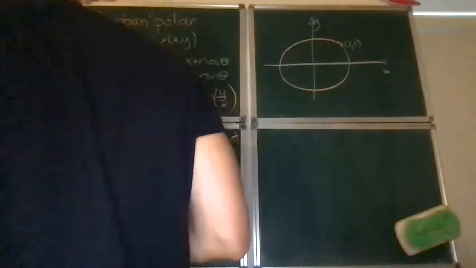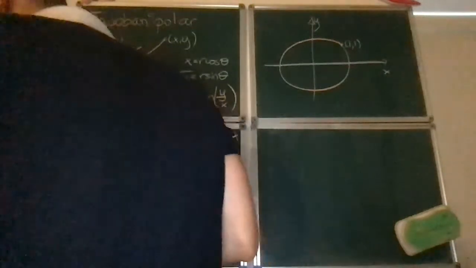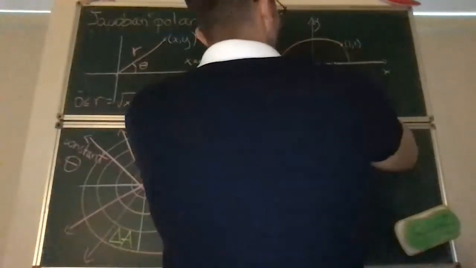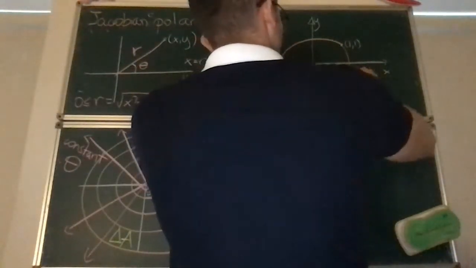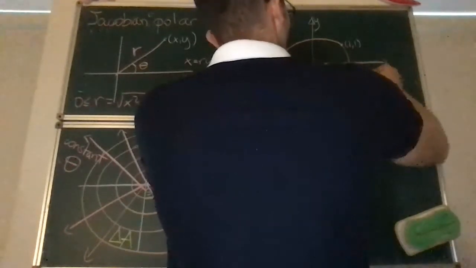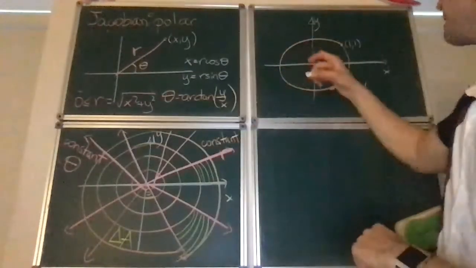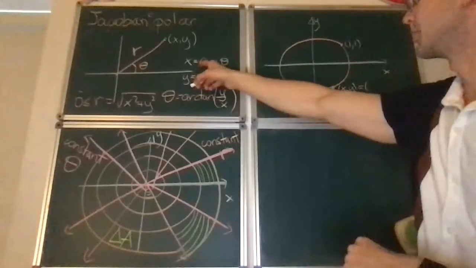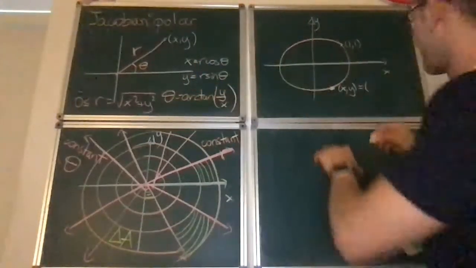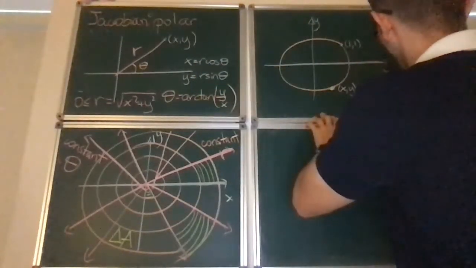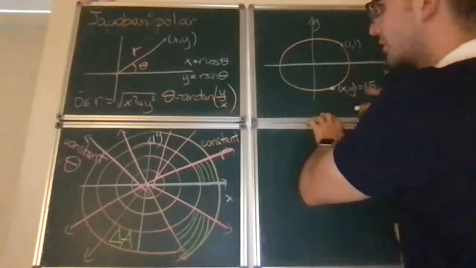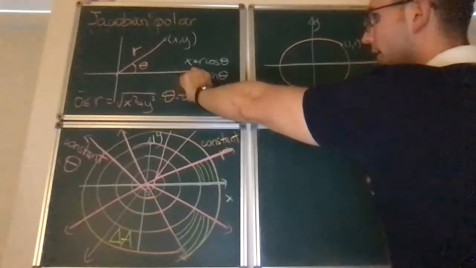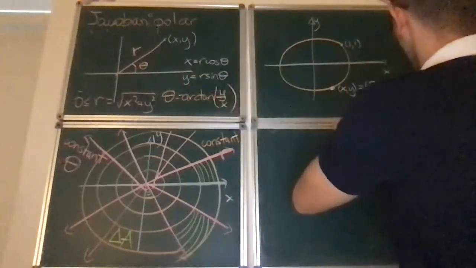So that means that if you take any other point x comma y on this circle, r, which is the distance to the origin, has to be root of 2. So x becomes root of 2 cosine of theta, and y becomes root of 2 sine of theta.